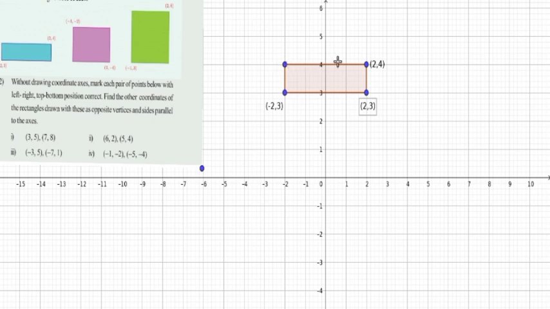And we know that this line is parallel to the x-axis and its y coordinate is 4. So the coordinates of this point are (-2, 4). (-2, 4) is the fourth vertex. We get all four vertices of the first rectangle, this blue rectangle.